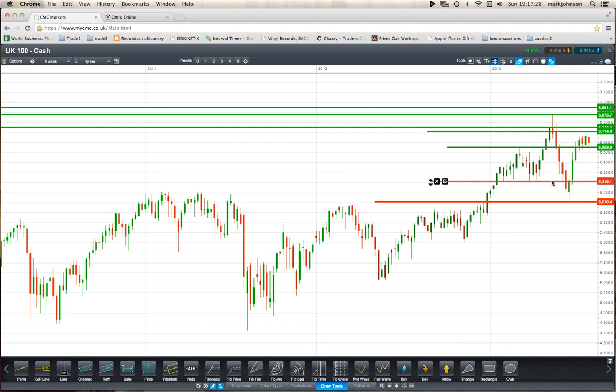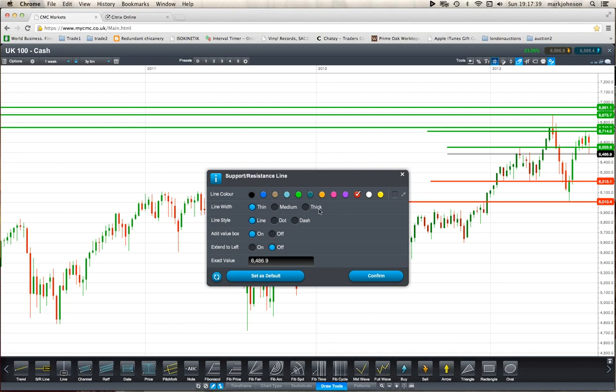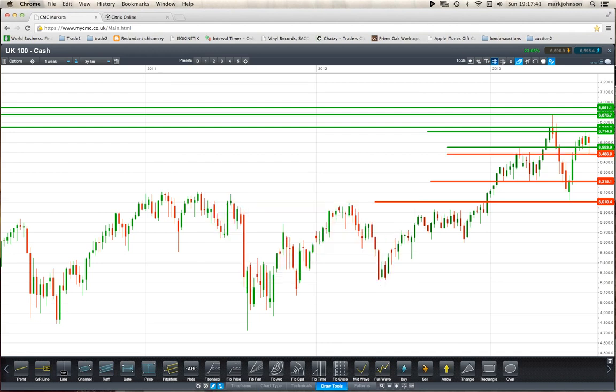On the lows, we've got this group here, and actually I'll pick up the low that we had last week as well. So that's there. Red and thick. So I've got 3 weekly support levels and 5 weekly resistance levels.